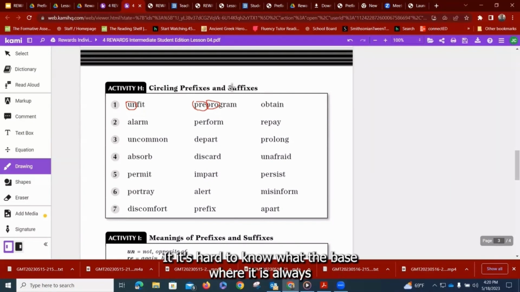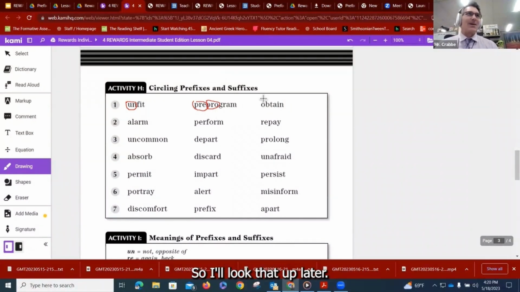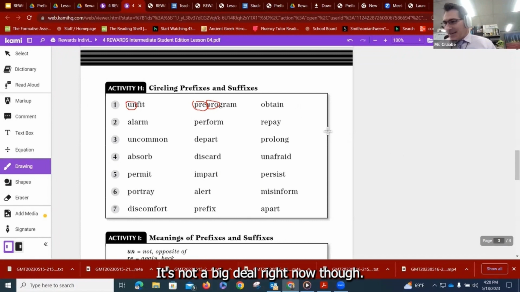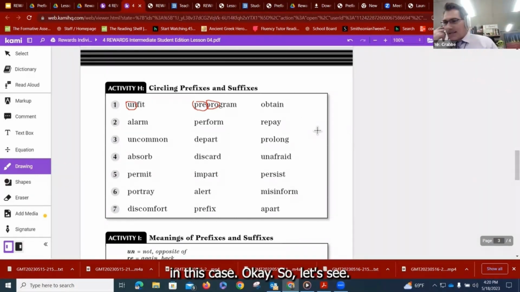Right. Because it's hard to know what the base word is always. At least that's one of the things I struggle with. So I'll look that up later, and it's because I like words, and we'll figure that out. It's not a big deal right now though, but according to the book, it wasn't a prefix in this case.